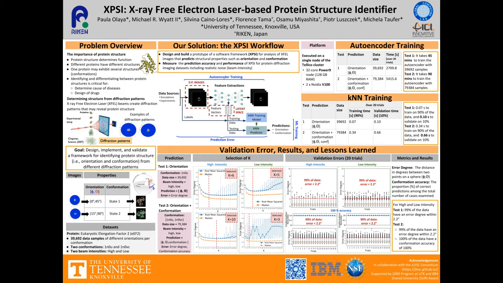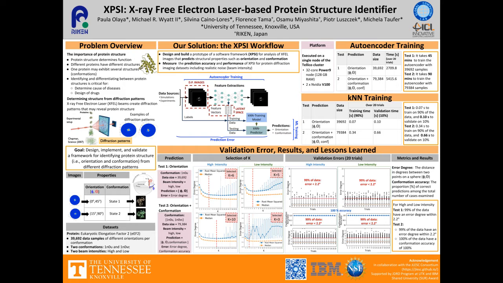From the autoencoder training performance, we observe that it takes double the time to process the images for test 2, meaning that the time to train and extract the new latent space is proportional to the input data. The same results are obtained from training the KNN model. Doubling the data doubles the time it takes to train and predict the properties of the protein.